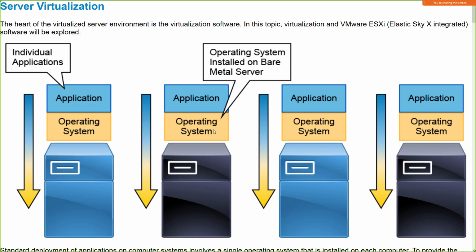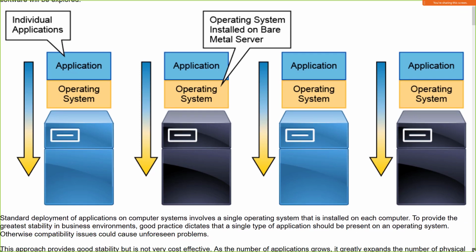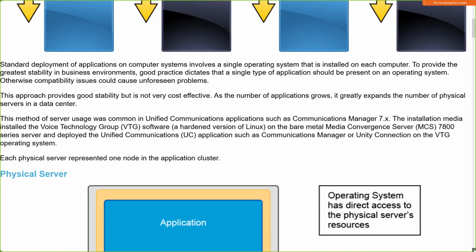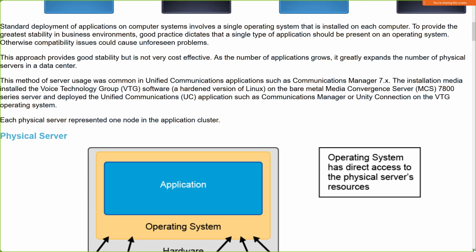A type 2 hypervisor has access to the operating system, and so on. And we differentiate that. This is not typically a Cisco discussion, but we are now integrating the discussion of Cisco UCS, the Unified Communications Server, which is used in a lot of different Cisco applications today, including most of the security applications that we see as well.